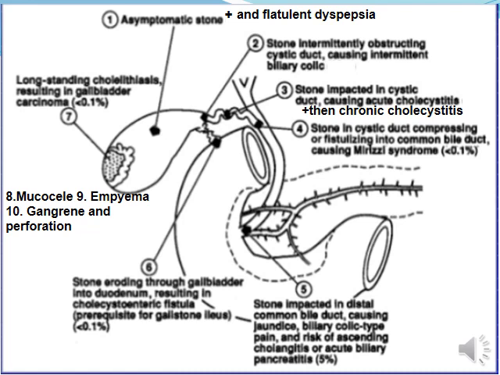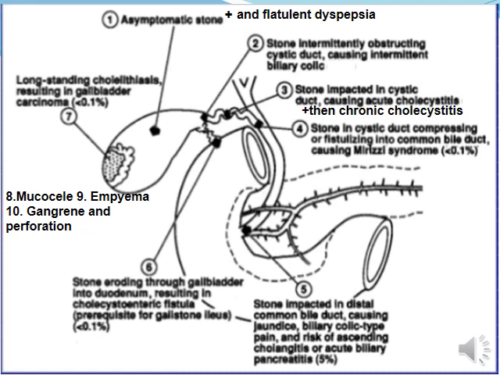And number 7, as you could see in the diagram, long-standing cholestasis resulting in gallbladder carcinoma. So a big long-standing stone pressing on a certain site of the gallbladder leads to malignancy, which is represented in less than 0.1%.